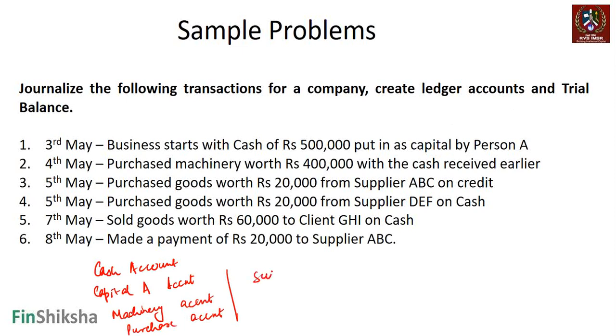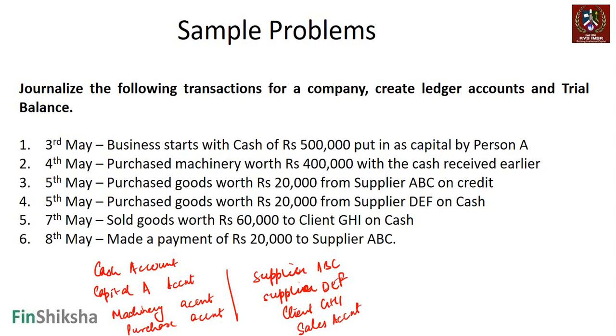We have a supplier ABC account, supplier DEF account, client GHI account, and a sales account. Broadly, these are the kinds of accounts we will have when we create the ledgers.